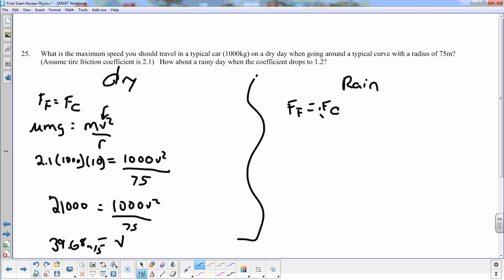And the r is still 75. So 1.2 times 10 times 75. 1.2 times 10, multiply that by 75 to get rid of it. We're going to have 900 equals v squared, square root of 900. It's 30 meters per second.